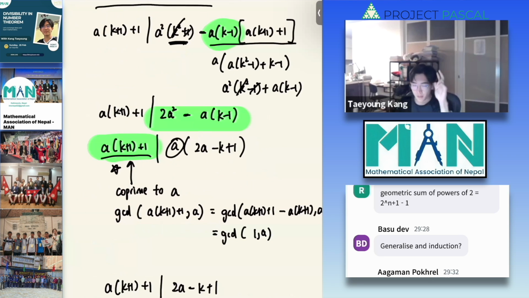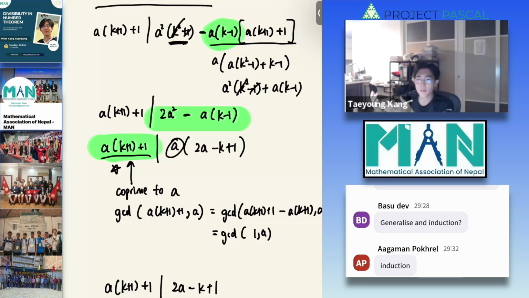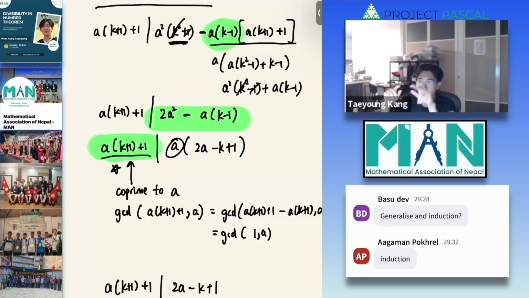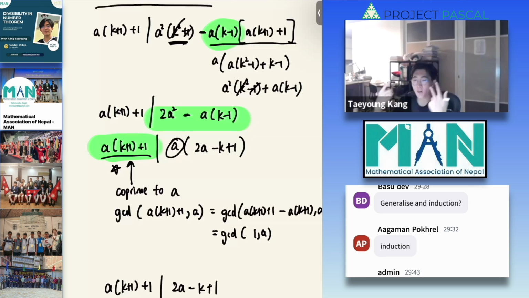And the third learning point here is to identify that a times k plus 1 is coprime to a. You have to be very quick to notice that. So I can give you an example. If I give you the number 3 and I give you 10, 10 is a multiple of 3 plus 1. 10 and 3 are obviously coprime because once you divide 10 by 3, you get a remainder of 1.